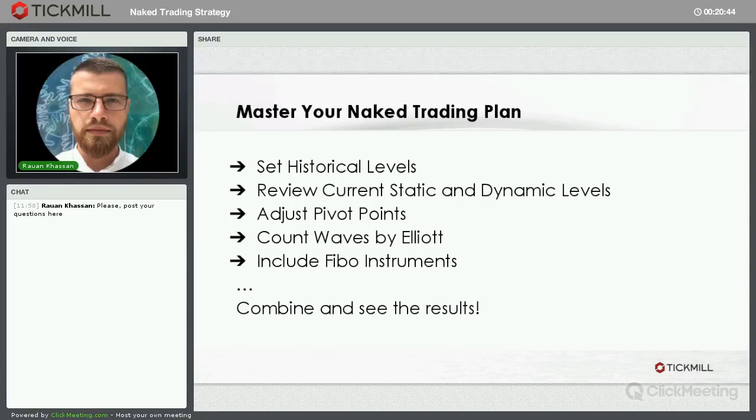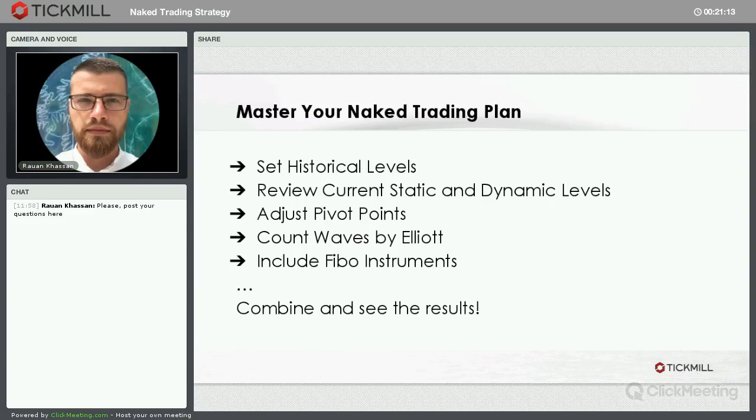After these 3 steps are completed, your chart is presumably complete with all actual static and dynamic levels that you need to follow throughout your trading strategy. Then you try to find similarities in the waves that are produced on the certain currency pair using Elliott wave theory.